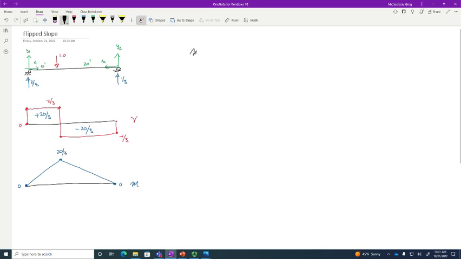So for your m1 as a function of x1, the slope is going to be 2/3. The point is going to be 0, 0. So therefore, m1 is going to be 2/3 x, from 0 to 10. Is that a fair statement?